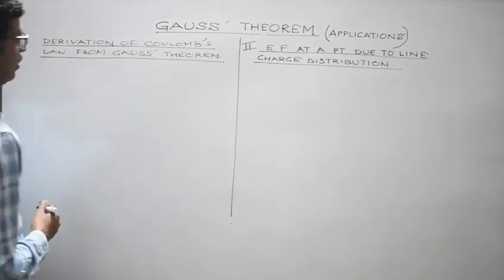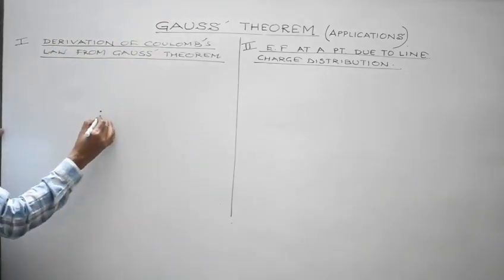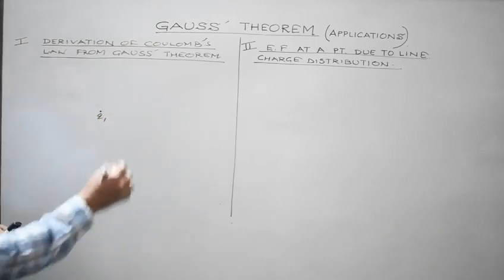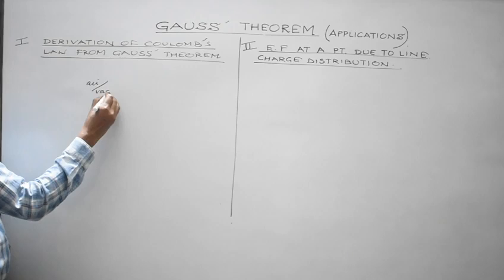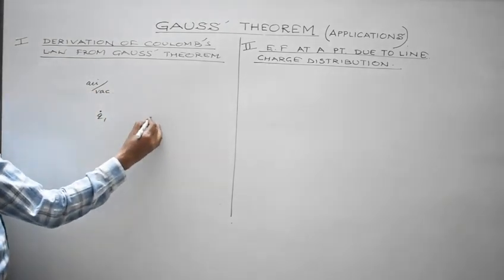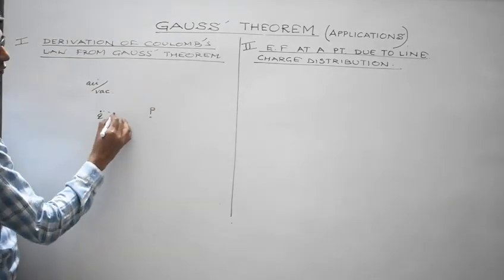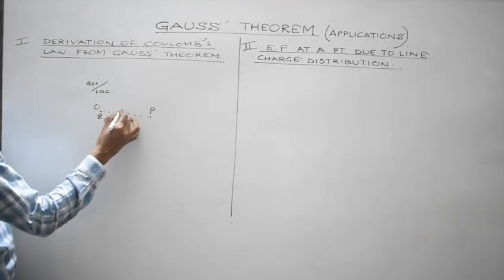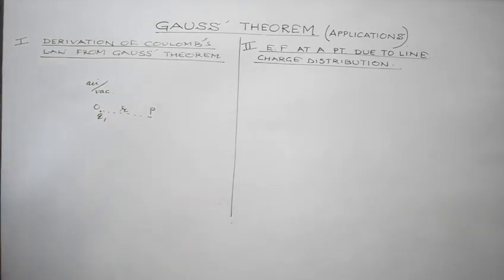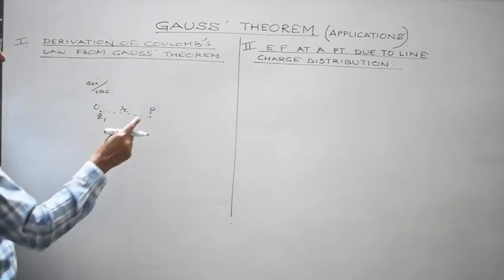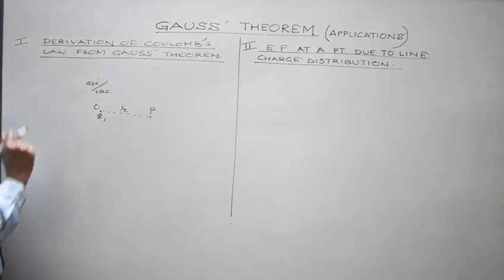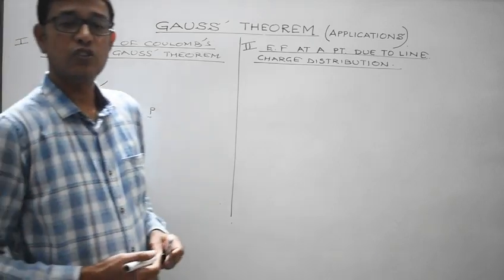Right? Let us consider charge Q1 to be placed in air or vacuum. Let P be any observation point which is at a distance R from charge Q1. Now, in order to determine the electric field at point P due to this charge Q1, we can make use of Gauss theorem.